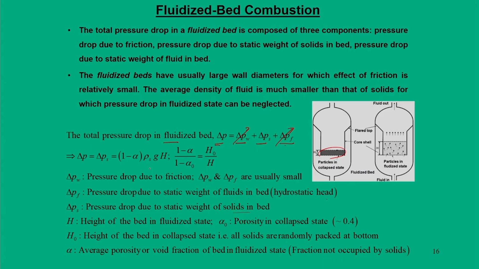Rho g h we can find out, but here we have to introduce a parameter called the porosity or void fraction, alpha. That is the average porosity or void fraction of the bed in the fluidized state. That means, when it becomes fluidized, you will find that the entire area is not filled with coal particles.